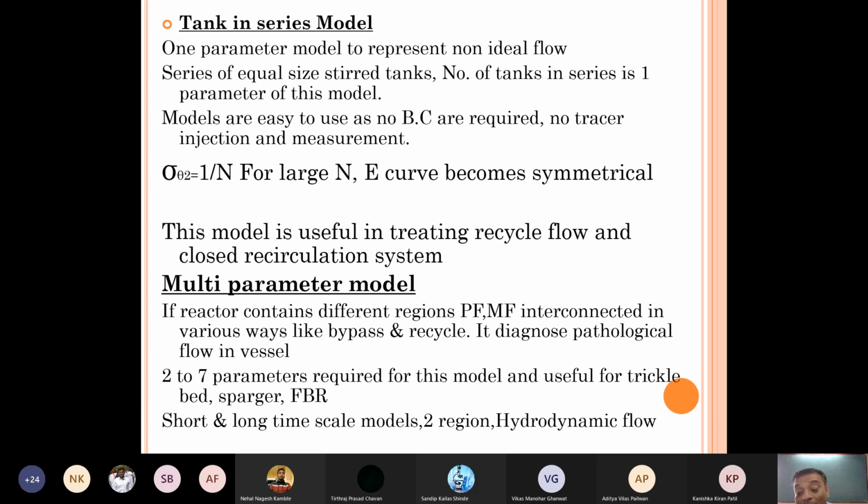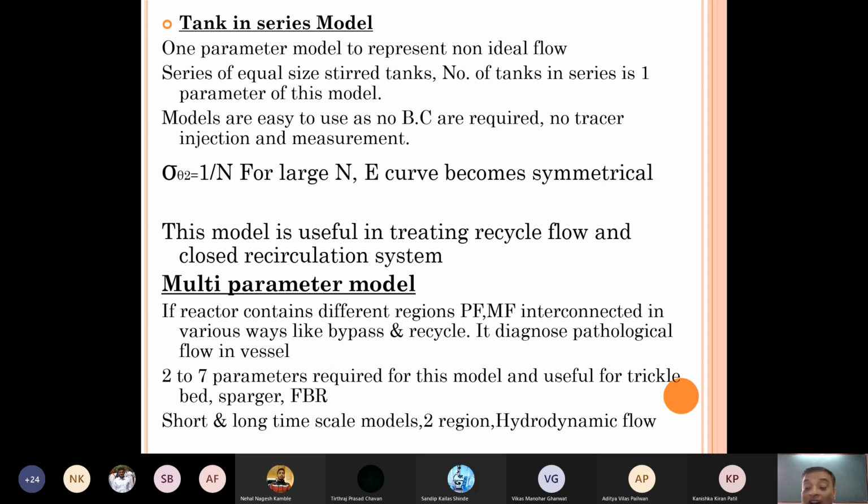Dispersion model is less common, but Tanks in series model is more common in industry. Plug flow is less common. Dispersion model is less common, but mixed flow is very common in the industry. Hence, Tanks in series model is very common in the industry. Next, models are easy to use: Tanks in series model. Models are difficult to use: dispersion model.